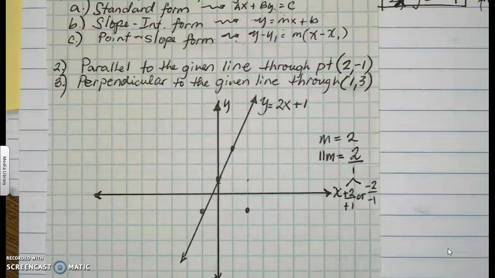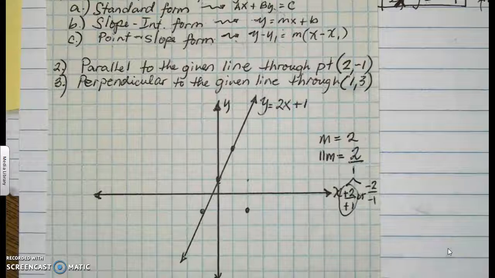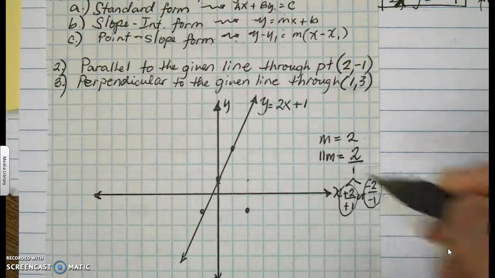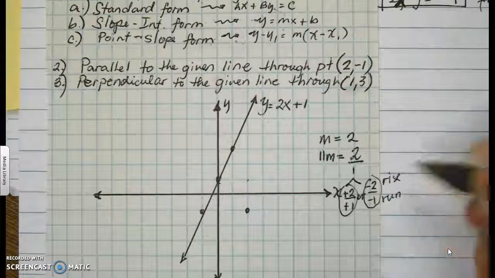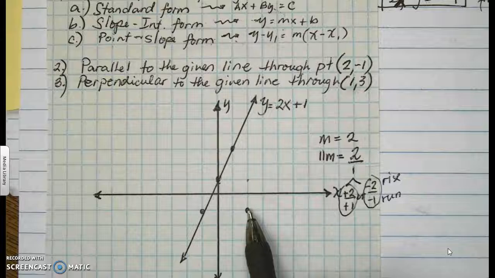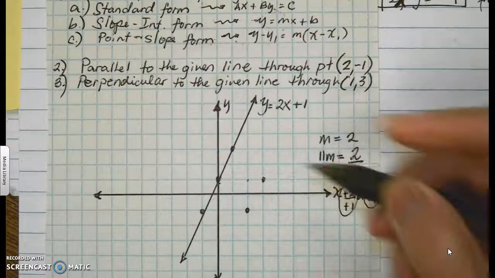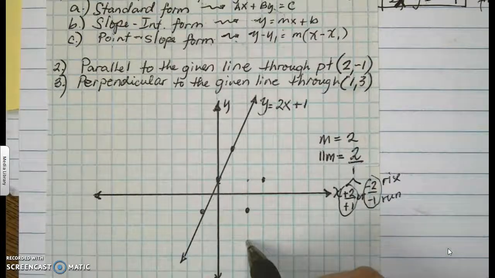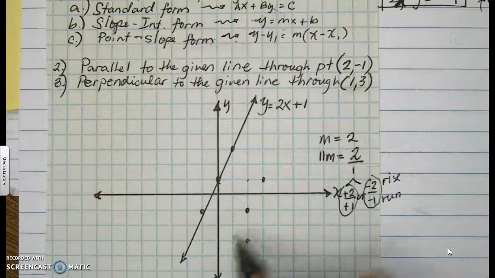Any of the two will work, but just for speed purposes, I want to use just, well, you know what? I take that back. I will do both. And that is our rise, and that is our run. So from here, I'm going to rise 2, and I'm going to run positive 1, which is to the right. So for this one, I'm going to rise negative 2, which means go down, and run negative 1, to the left.